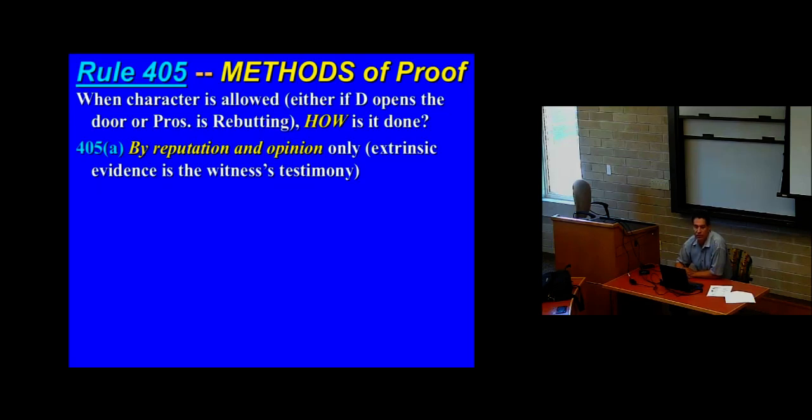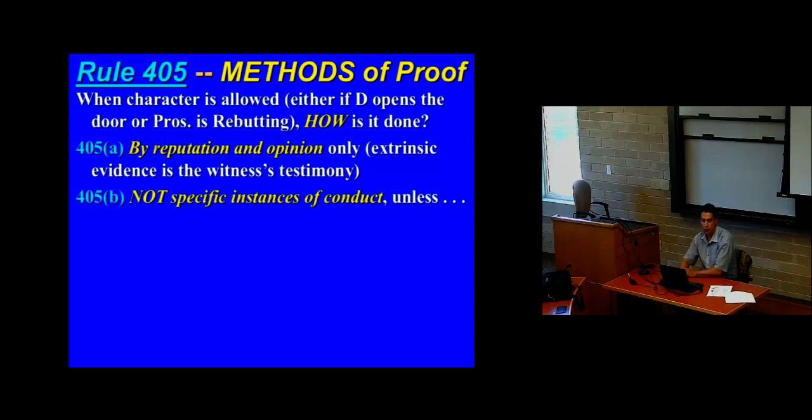So no extrinsic evidence of a specific instance of conduct. That's what Rule 405B says. Now, we can use extrinsic evidence of reputation or opinion, and the extrinsic evidence would be a character witness who you call up that either gives good character evidence of the defendant or bad character evidence of the victim.